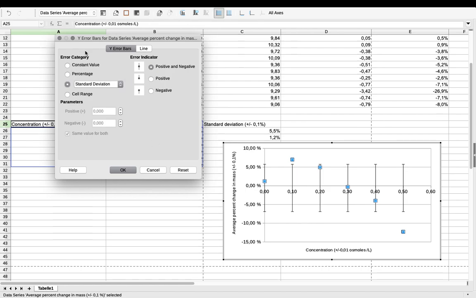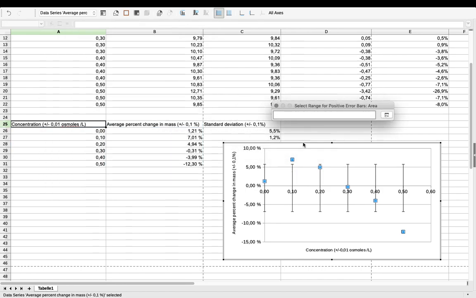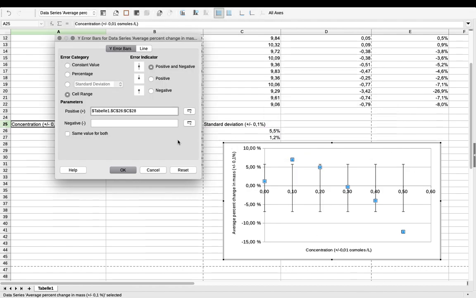And there are a couple of different options for how to do this. This option, although it looks right, the standard deviation, calculates the same standard deviation for all of the data points, and that's not what we want. We want to give it a cell range, because I'm going to show the computer which cells I want to include. I have to move my chart out of the way, because it's right here.